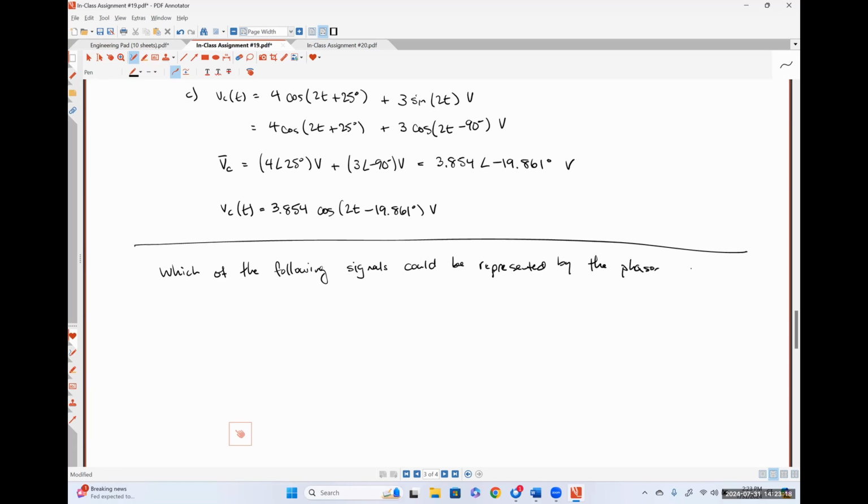And let's just say X is equal to 5 angle 0 degrees.